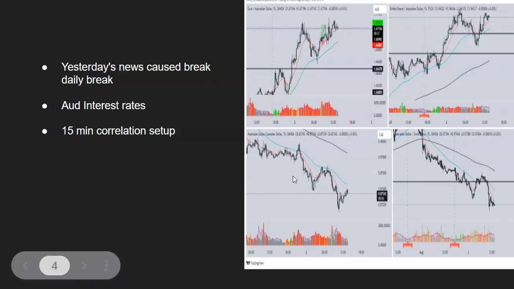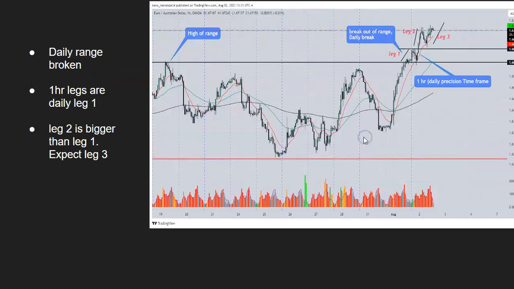So this is correlating. These are the sister pairs, and what I use to solve where that money was flowing, and whether this was a real move or not. We're going to take a look at euro aussie, and here we can see the daily high, and it broke right through.